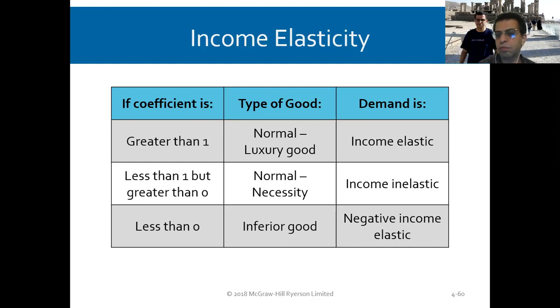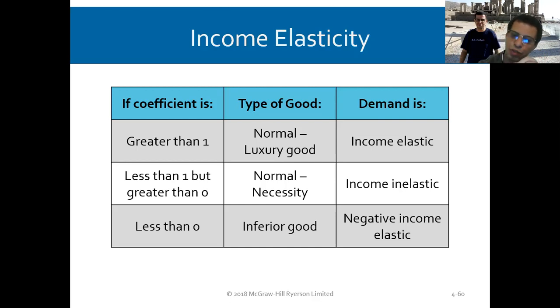The more income you make, the more demand you have, a positive relationship. If the coefficient is less than one but more than zero, and the product is normal or necessary, the demand is income inelastic here, because it's a normal and necessary good. It doesn't matter, you still have to buy your food.